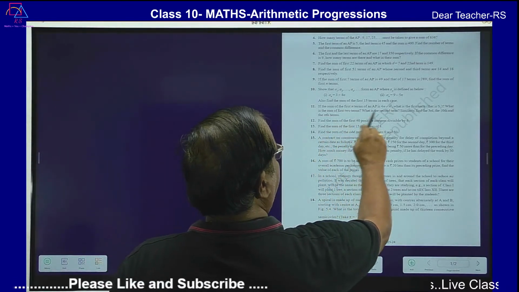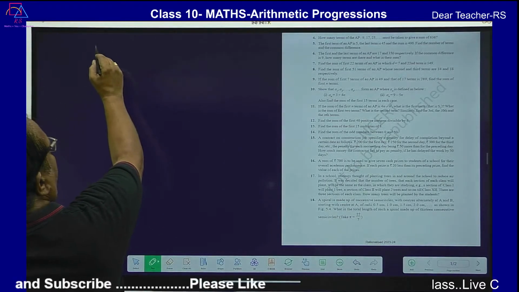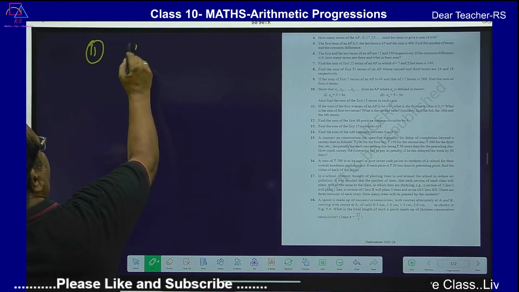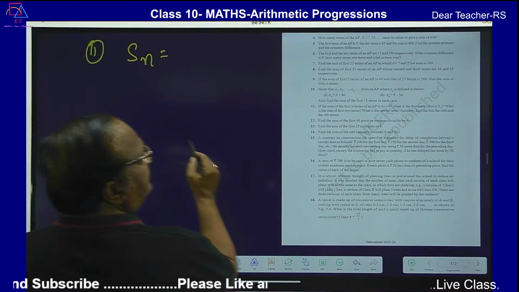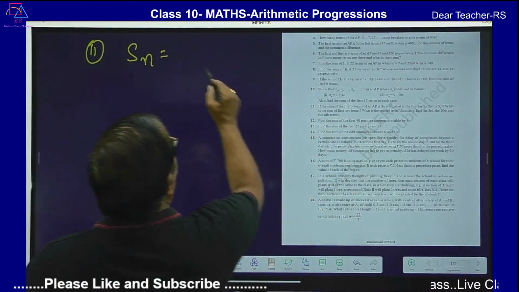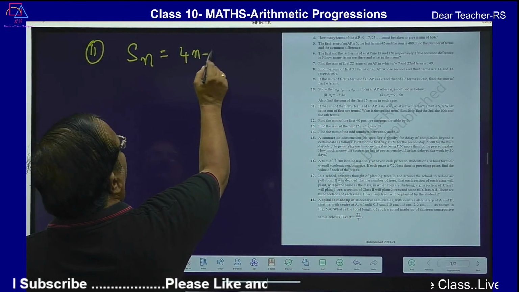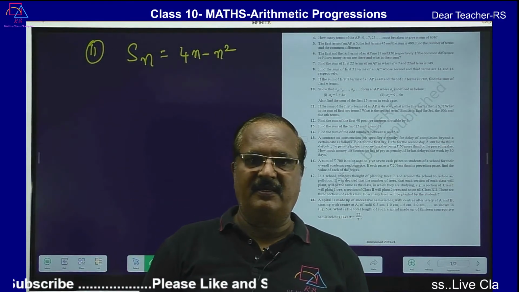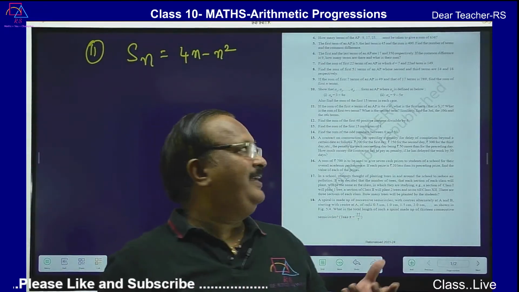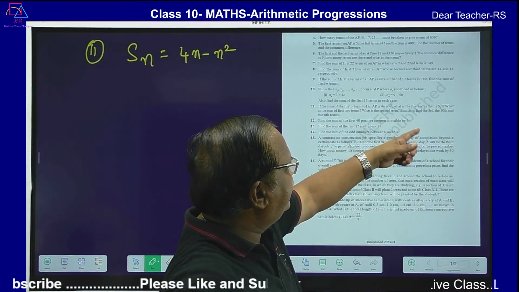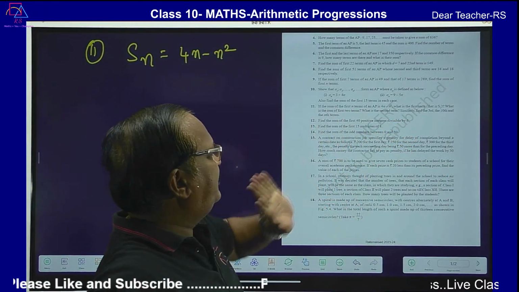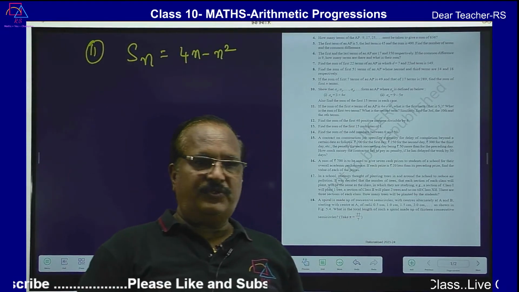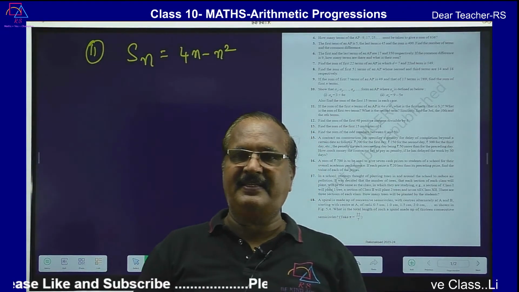The sum of first n terms, Sn is given. Sn is equal to sum of first n terms, 4n minus n square. So this is given, and what else? The first term S1, like some questions were given. So it's very easy.